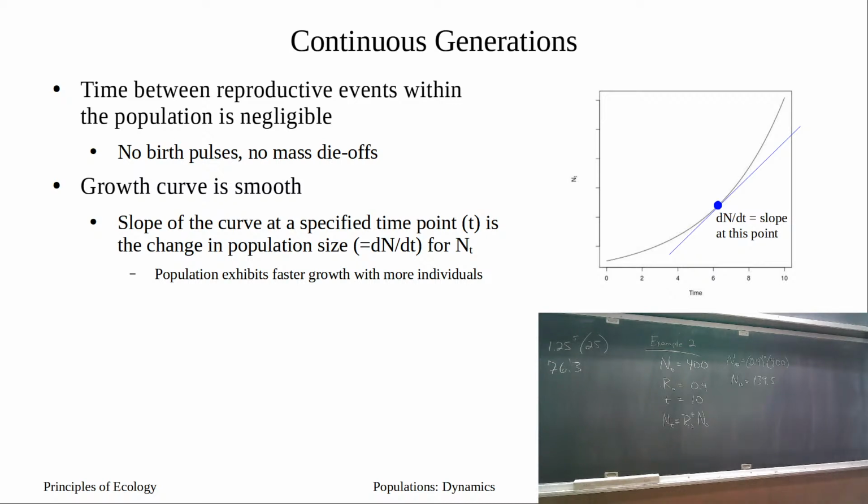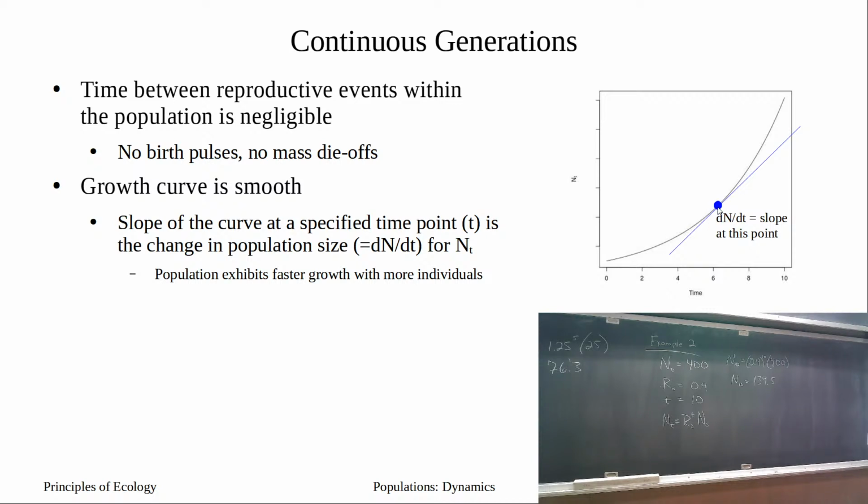Well, those of you that have had calculus, maybe pre-calculus, can't remember when we covered these. But our growth represents the slope of our line at any one point. So here's our curve.